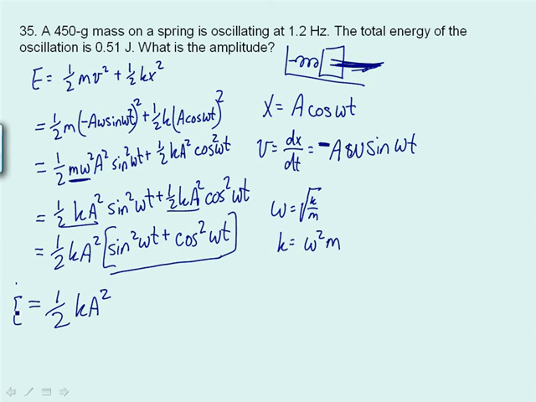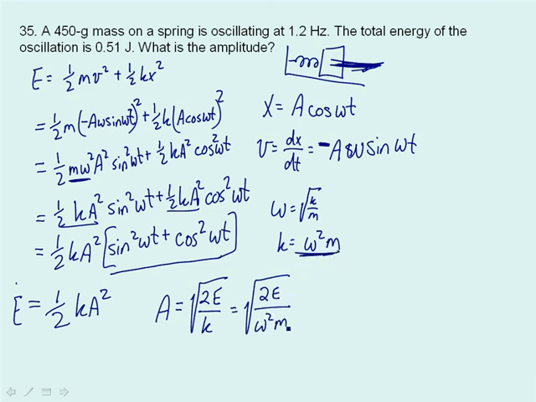We want to know the amplitude. The amplitude then is equal to the square root of 2E over k. As we've already said, k is omega squared m, so it's the square root of 2E over 2 pi f squared m.